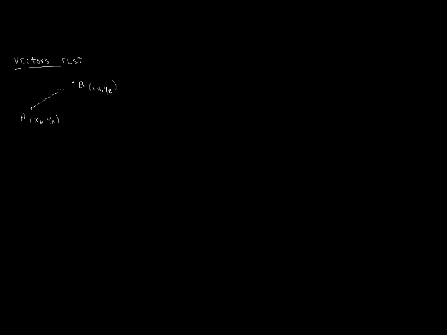Now vector AB, written like this, has components xb minus xa, comma, yb minus ya. So what I've done is I've taken the endpoint coordinates, and from that I've subtracted my start point coordinates.